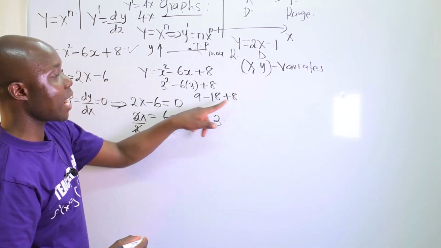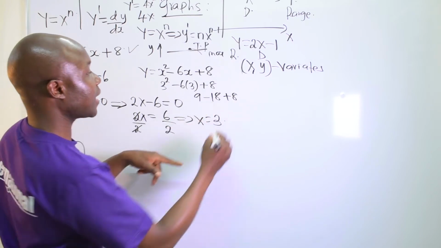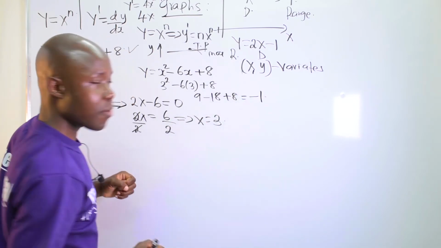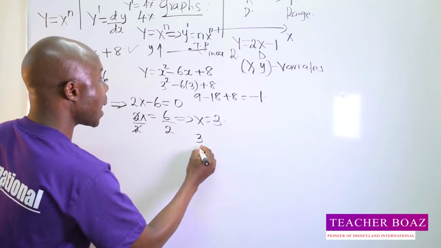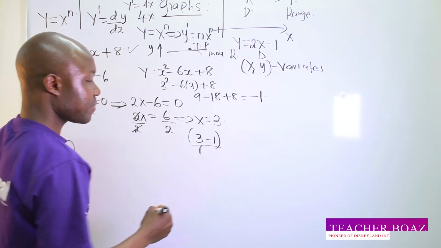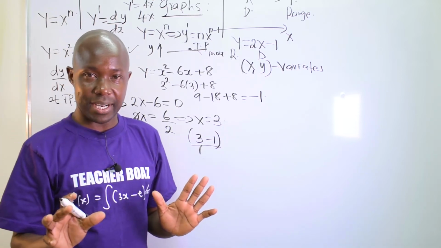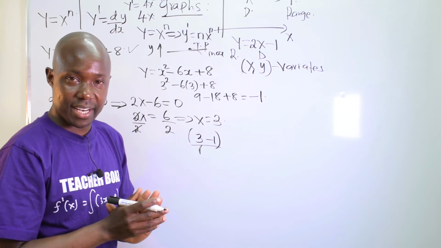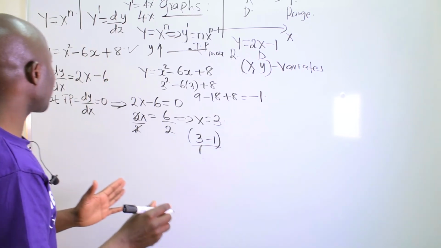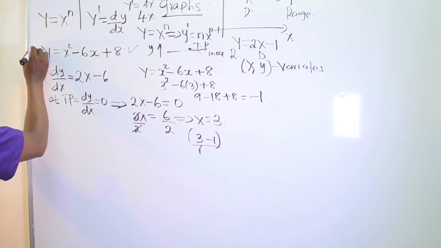So 9 plus 8 is 17, minus 18 becomes negative 1. So it means at the turning point, the coordinate becomes (3, -1). So that's one of the most important things that you need to learn, that at the turning point, we already know the coordinates. That is part number 1.